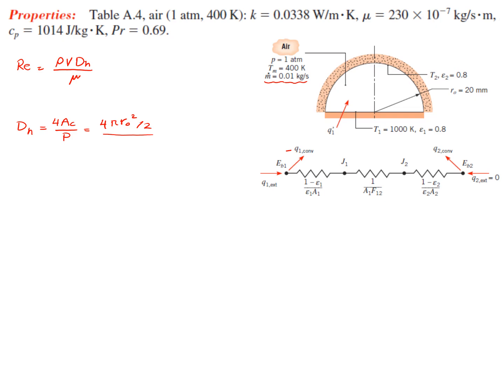And then the perimeter would be 2 r_o plus the half circle perimeter, which would be, again, 2 pi r is the perimeter of a full circle, so pi r would be the perimeter of a half circle. Then I'll just have to substitute the values here. So that's 4 pi. If I substitute r_o, that would be 0.020 to the power 2 divided by 2.